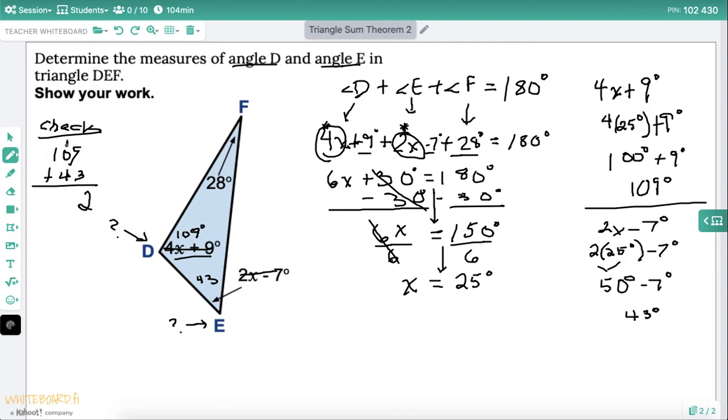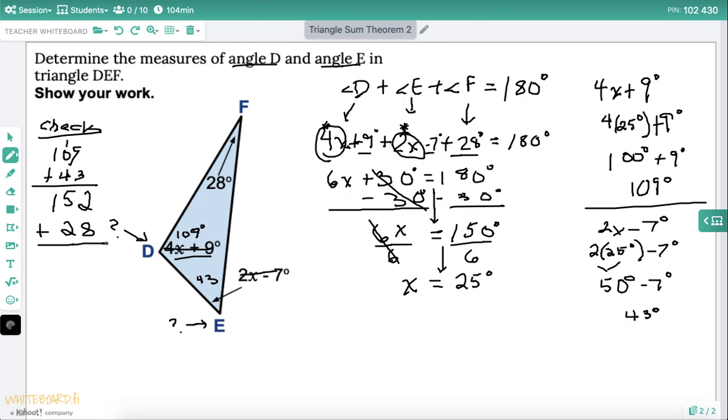Carry my 1. 1 plus 4 is 5. 152. So now I just have to add the other angle, which was F, which is also represented by 28.